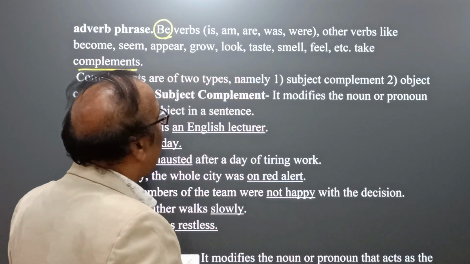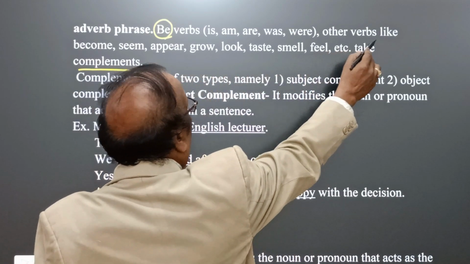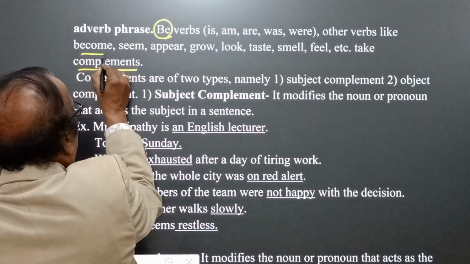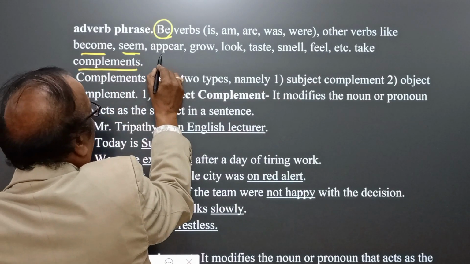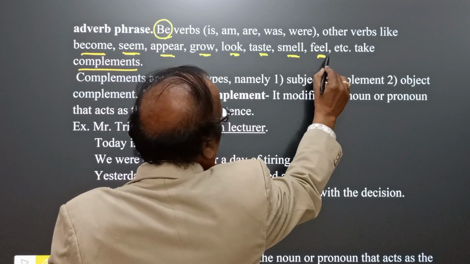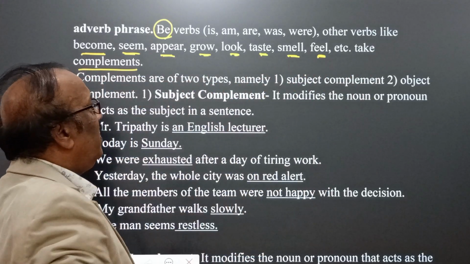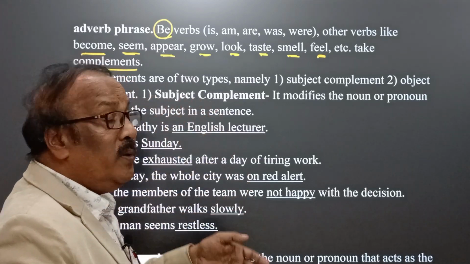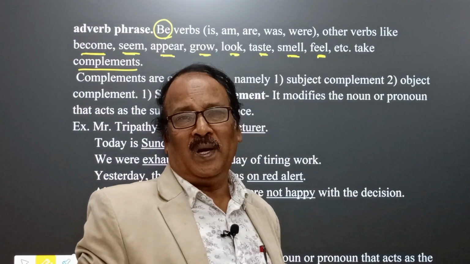These are the members of the be family. And other verbs like become, seem, appear, grow, look, taste, smell, feel take a complement. Naturally, these verbs usually take a complement.